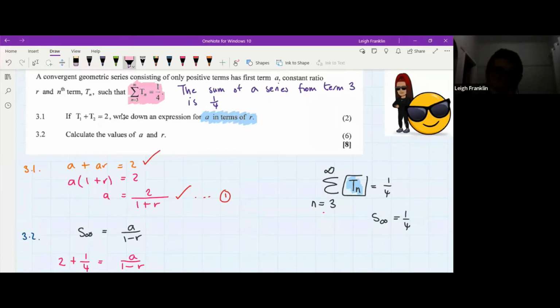They are telling us that there is a sum to infinity, and because we're starting to sub in where n is equal to 3, what they mean by this bit on the right here is that the sum of the series from the third term onwards to infinity is a quarter.